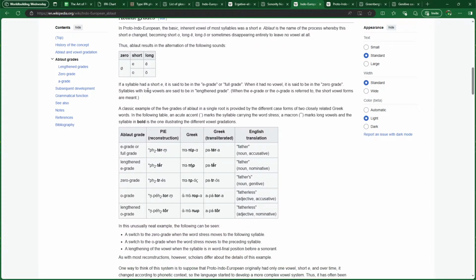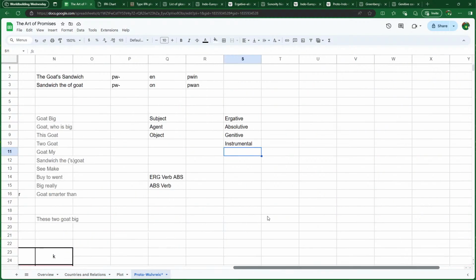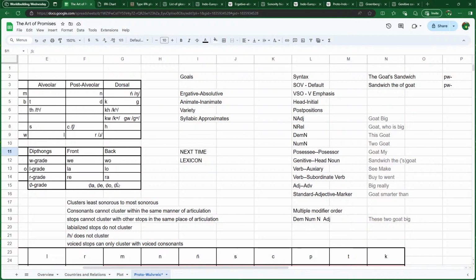They didn't have that. They did it for 5 of them because they had 5, so we need to do it for 7 because we had 7. Although, they had the 0 grade be used for genitive.